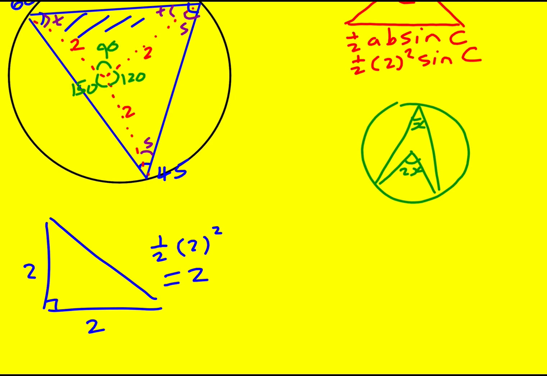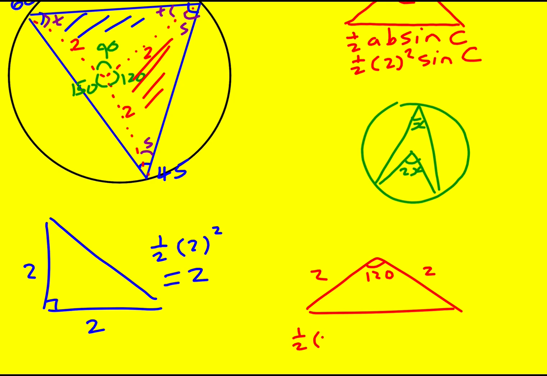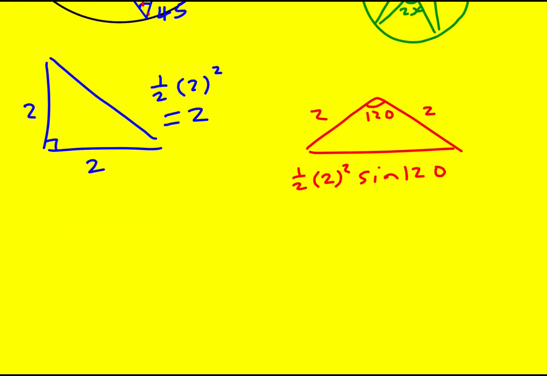Okay, second one. This one here in red. 2, 120. It's going to be a half 2 squared times sine 120. Now this might be the trickiest bit, whether you have to know your value for sine 120.